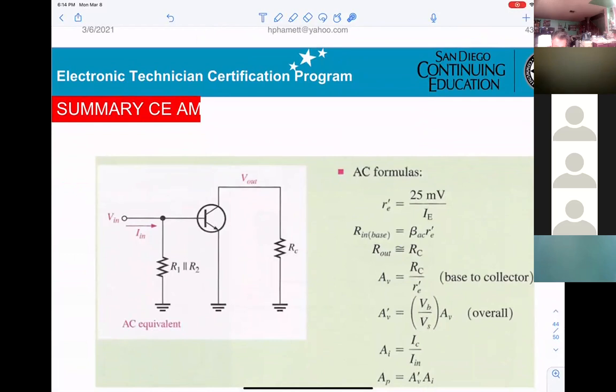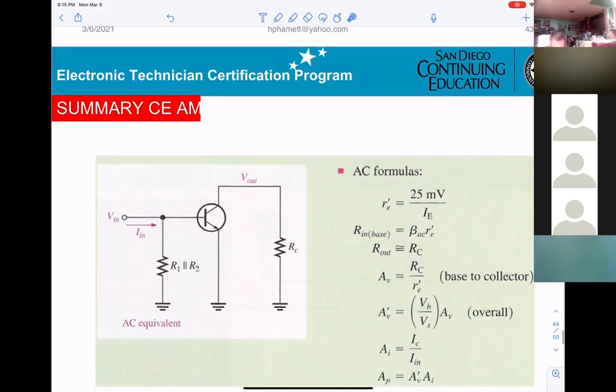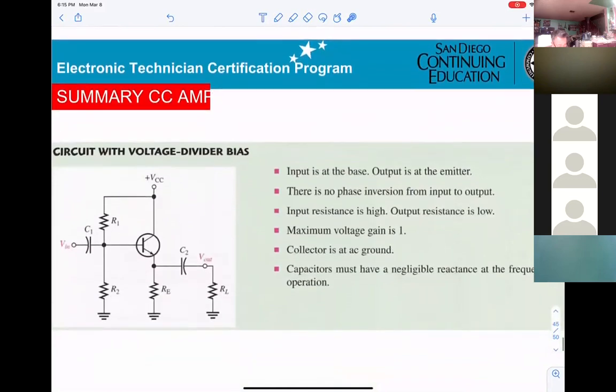R in equals beta times R prime E. R out is almost equal to RC, which means they have no load here. The voltage gain will be equal to VB over VS times AV, which means they can get a source resistance RS. And then the current gain and the power gain.